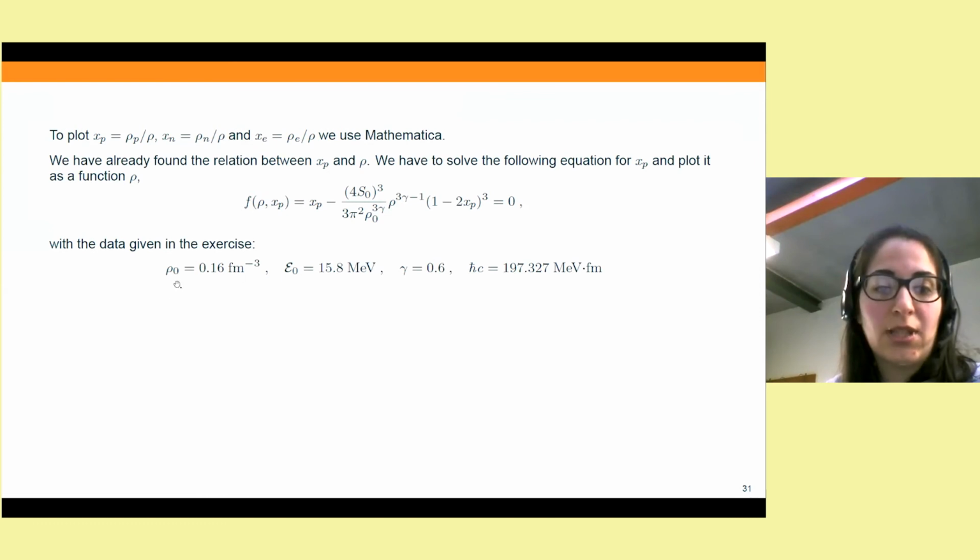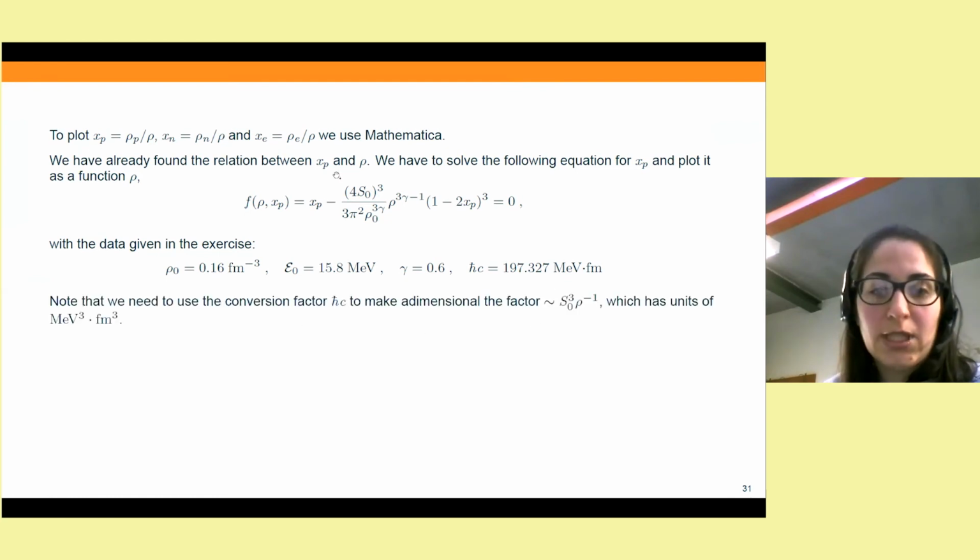Okay, so the saturation density is 0.16 fm^-3. The energy at saturation density is this value here, and we will also need the value of gamma. And we will also need to remember that ħc, we can use it to change the units, okay?